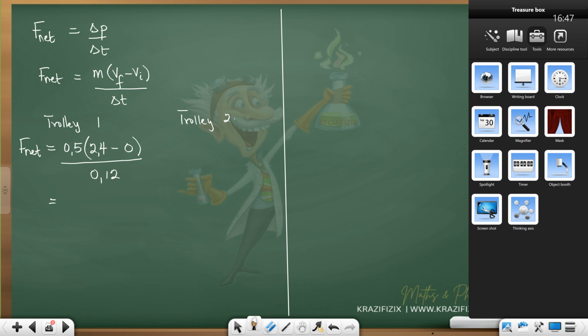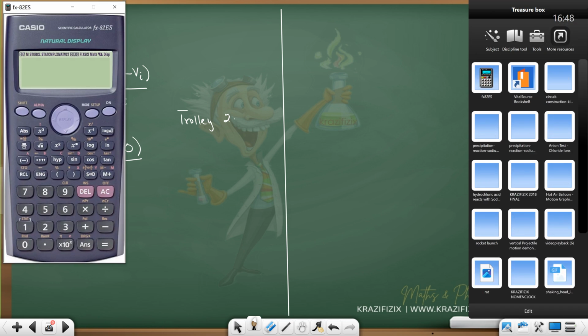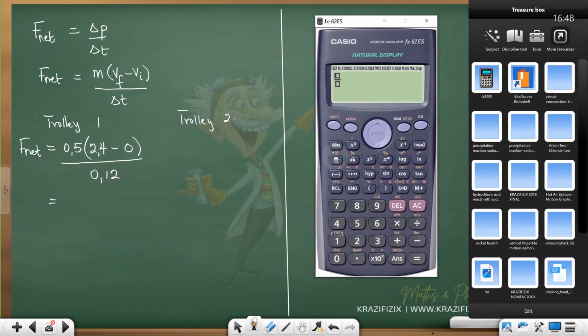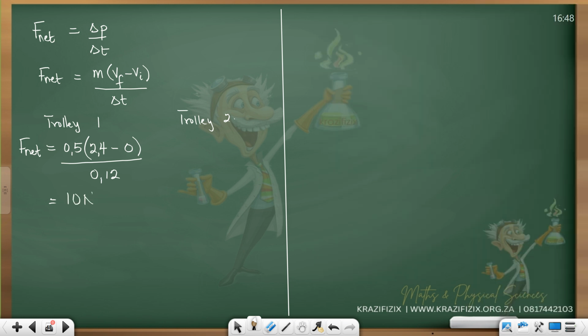Please, you do trolley 2 for me. Please, everybody, I've done trolley 1, and I explain what I did. It's the mass, final velocity of trolley 1, so mass is 0.5. Its initial velocity is 0, remember? And I have a 0.12 as time of contact. So I have 10 newtons. Please, you do trolley 2 and tell me your answer. And let's do a bit of physics there.